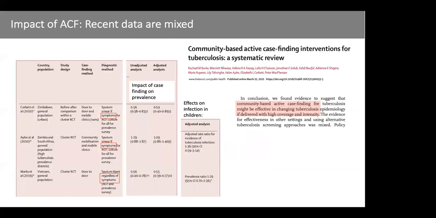If you look at the data out there from studies that have tried to look at the impact of active case finding, a systematic review was just published. This is the table of clinical trials that looked at prevalence as an outcome.